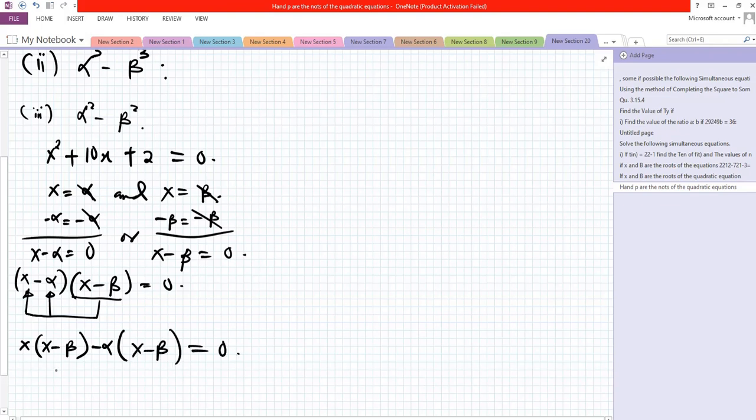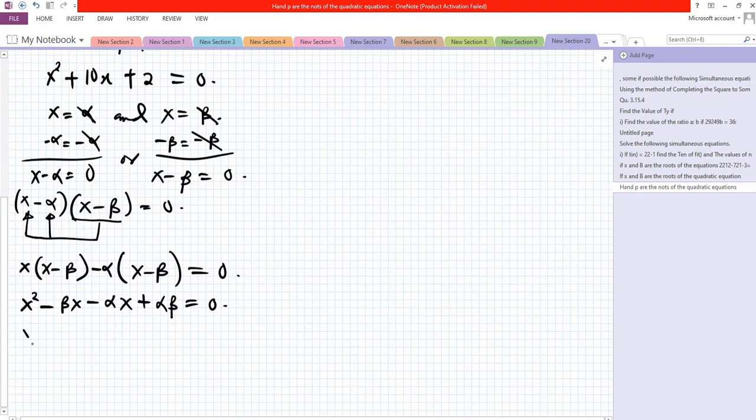If we expand this expression, we have x squared minus beta x minus alpha x plus alpha beta equal to 0. Now this expression is x squared minus (alpha plus beta) times x plus alpha beta equal to 0.